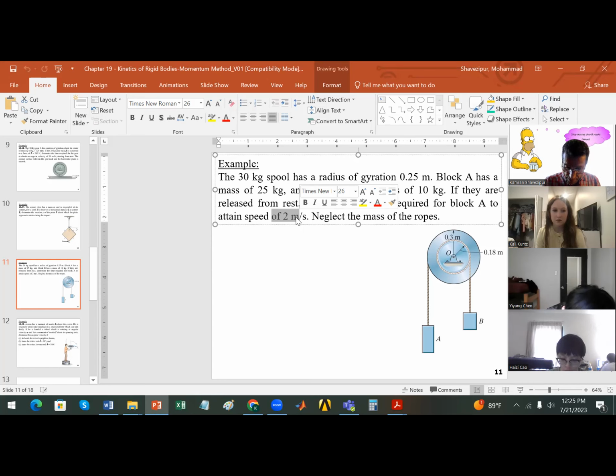I'm going to call the two radii RB and RA because one relates to A, the other relates to B. And we go from there. So let's go to the tablet.